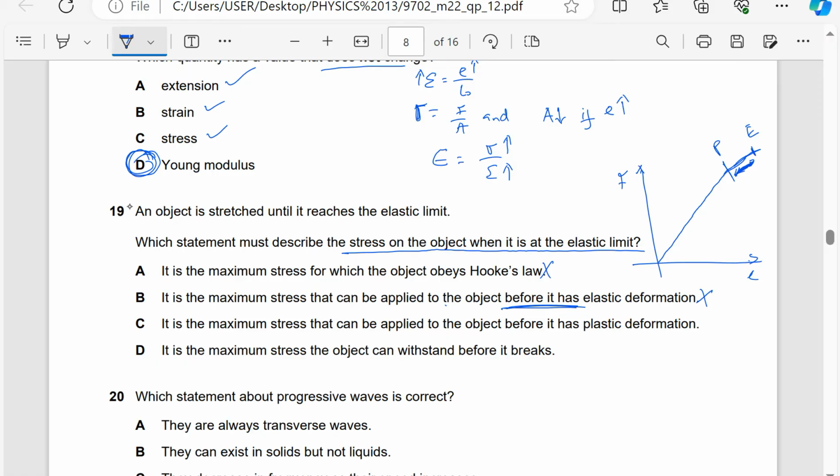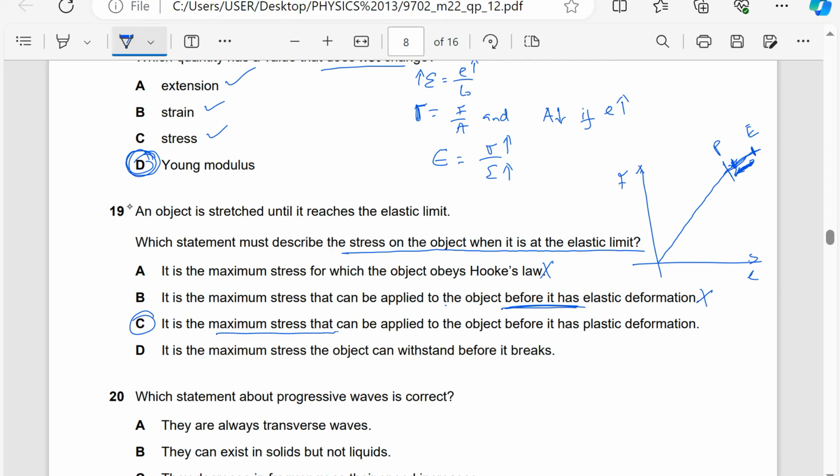So even at this point, the material is still in elastic deformation, but we have not reached the elastic limit. It is the maximum stress that can be applied to the object before it has plastic deformation. So the answer is C. As soon as I go beyond the elastic limit, then we reach plastic deformation. So the answer is going to be C.